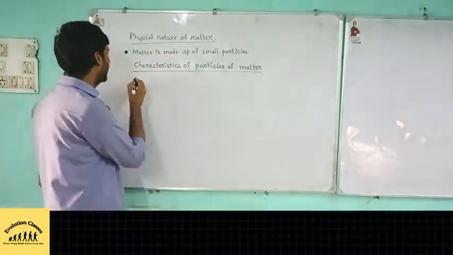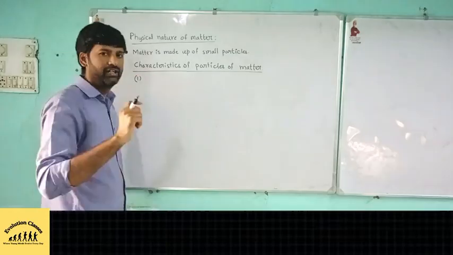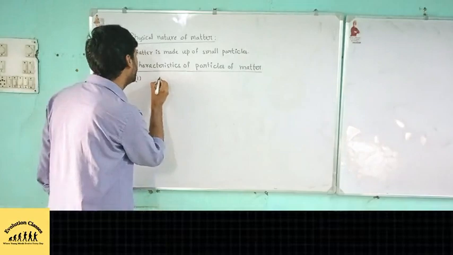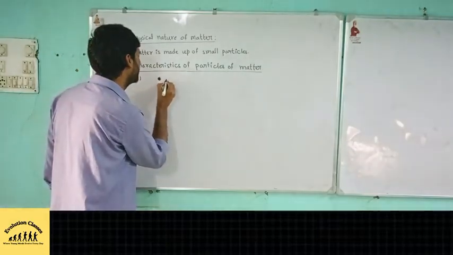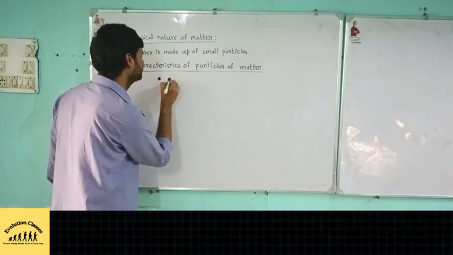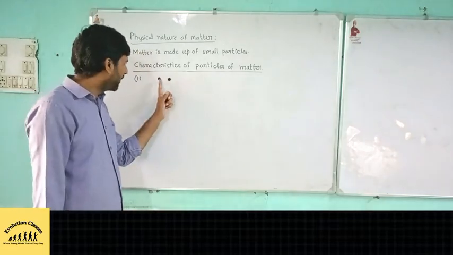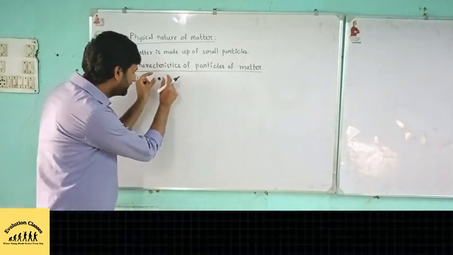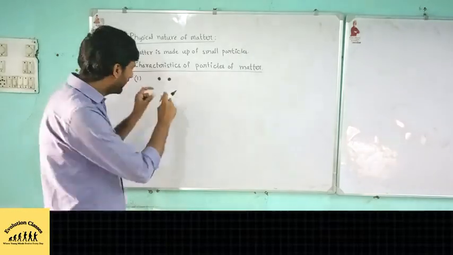There is a large number of particles, but for simplicity I will take only two particles for a better understanding. These are the two particles of the matter we consider, and you observe that they are arranged like this.